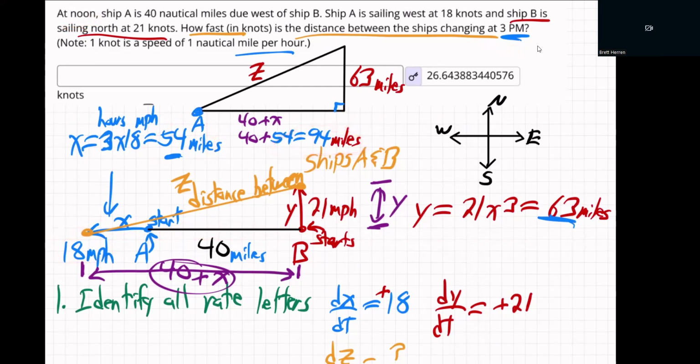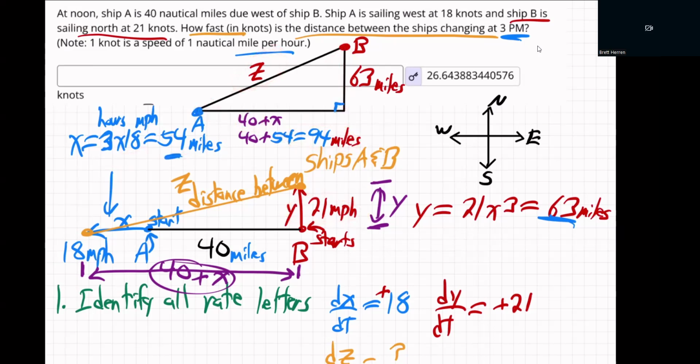And ship B is way up here, 63 miles north, because it went 21 miles per hour for 3 hours. Ship A is now 94 miles west. It started 40 and it went 3 times 18, 54 more. Now I can find Z, the distance between those.